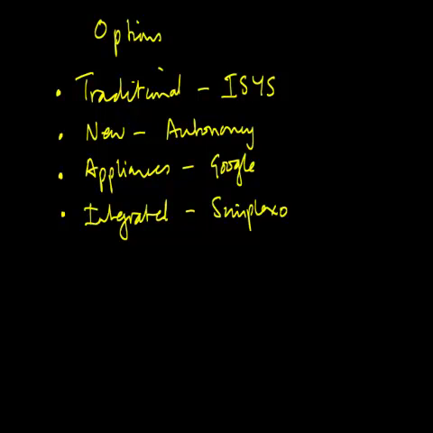Now, all of this is predicated on quite a lot of work, and I'm not going to go into it in detail here because I haven't got time, but metadata, data that describes data, is very important in all of this.